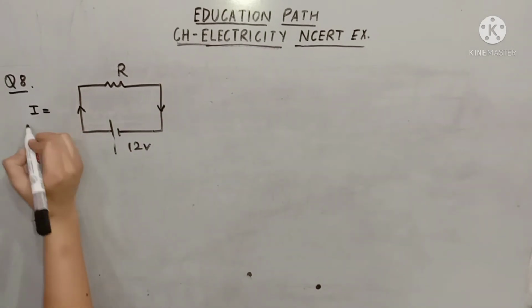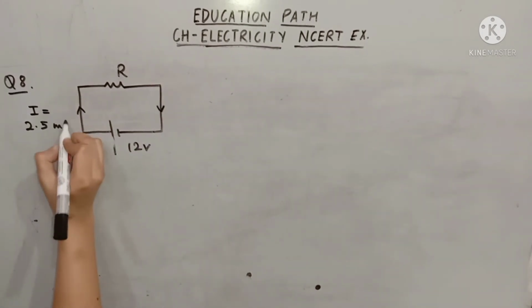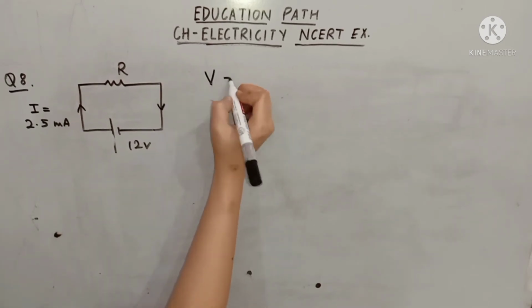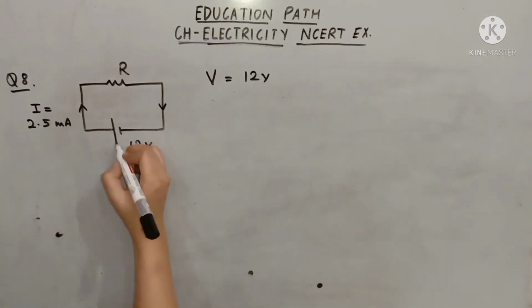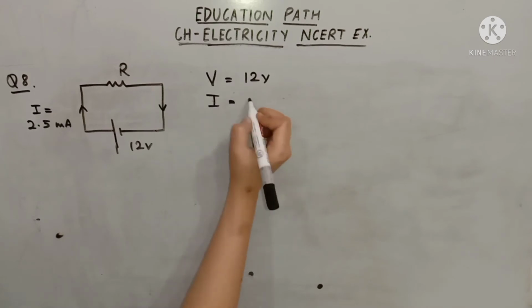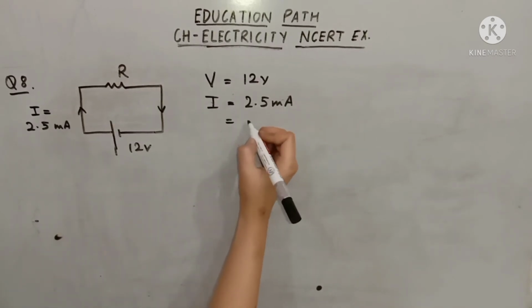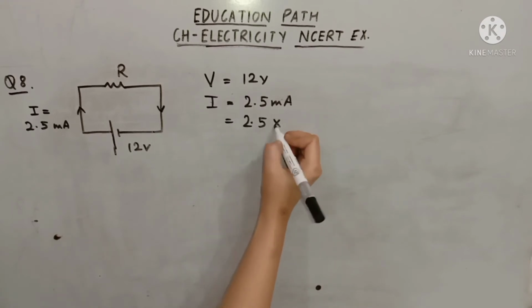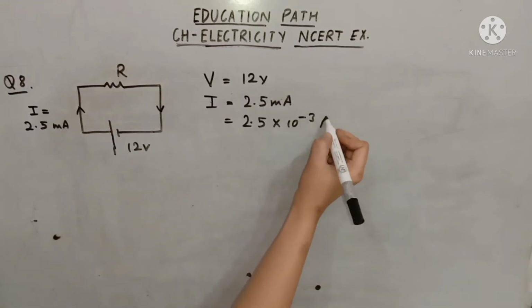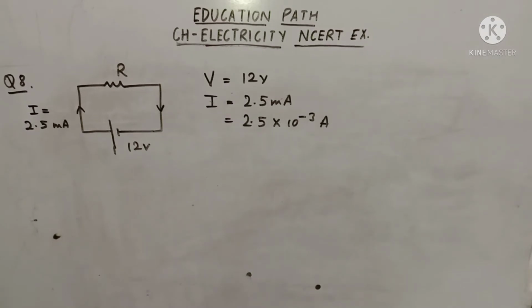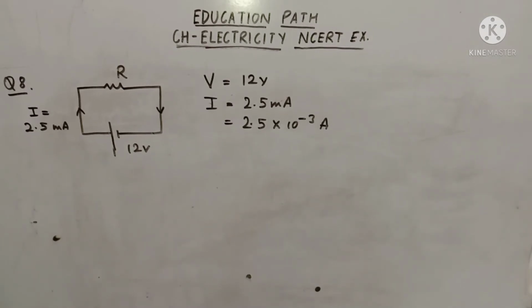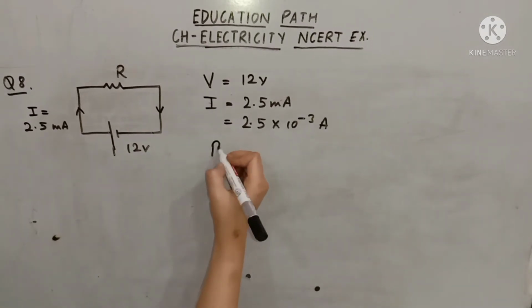Voltage is 12 volt across the resistor and current is 2.5 milliampere. We will change milliampere into ampere: 2.5 into 10 to the power minus 3 amperes. Find the value of the resistance of the resistor.